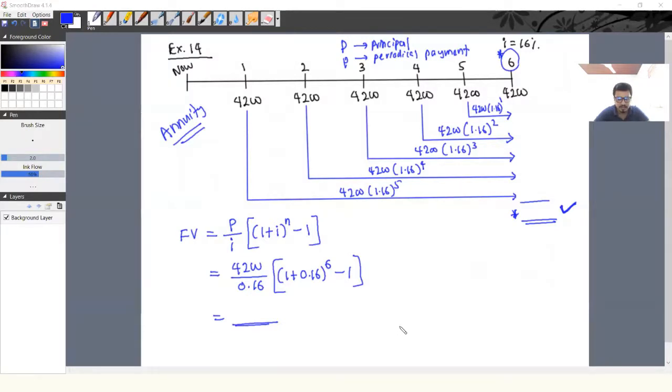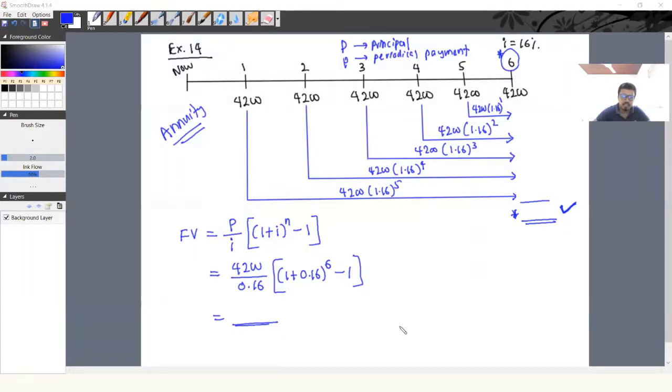So I can see 1.16 within the brackets. So I will have it first. 1.16 to the power 6 minus 1, then press equals. This we need to multiply by 4,200 and divide by 0.16.